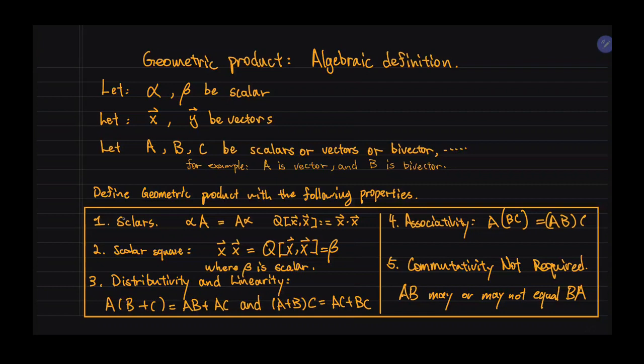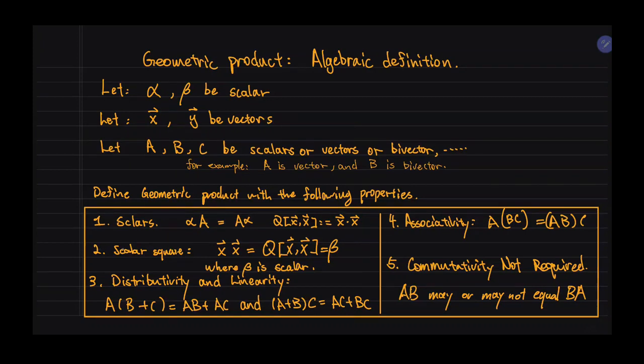First is the scalars definition. If we have a scalar, the geometric product from a scalar to anything, be it scalar, vector, or bivector, will be equal to the geometric product from that anything to the scalar. So the order doesn't matter in this case.